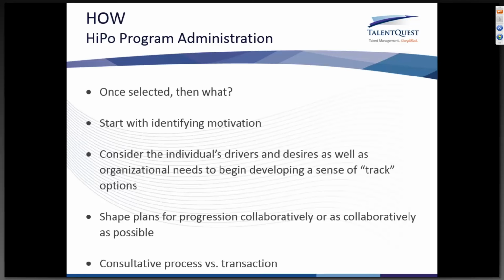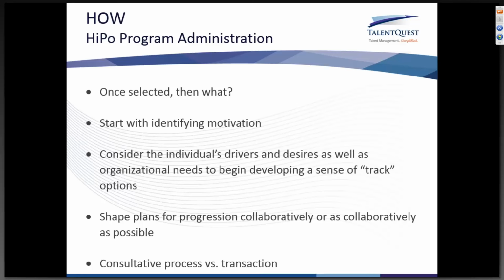That's important so that you know what the individual's drivers and desires are, and those need to be considered simultaneously with your organizational needs, so that you have not only a sense of the target for the organization, but some of the pathways that you feel the individual will experience as rewarding and motivating. So you develop a sense of various track options. Okay, so there are multiple paths to that end state, kind of choose your own adventure to get there.